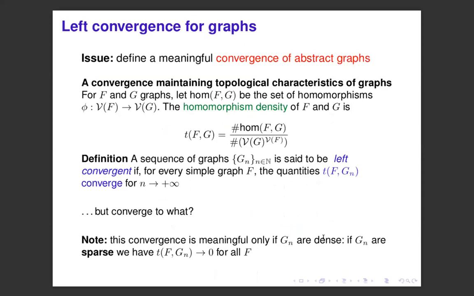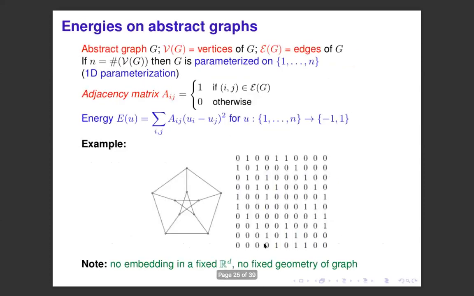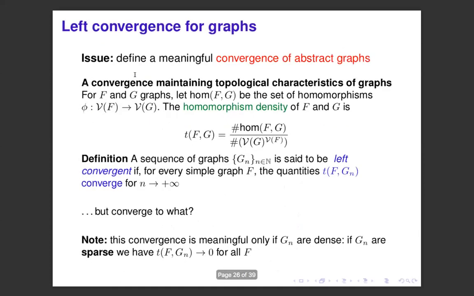And so we would like to see, as we increase, we have a sequence of graphs with increasing little n, what happens to the limit. There is a theory that tells us the way to describe the limit object. And the idea is now to look at the convergence which maintains the topological characteristic of graphs.